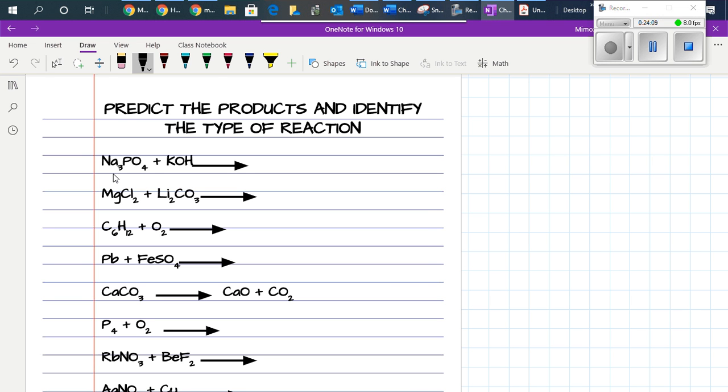So the first one is a double replacement reaction. How do we know that it is a double replacement? We have two compounds that have two parts, one positive, one negative, that are reacting with each other. So what do you think the products will be in this case?